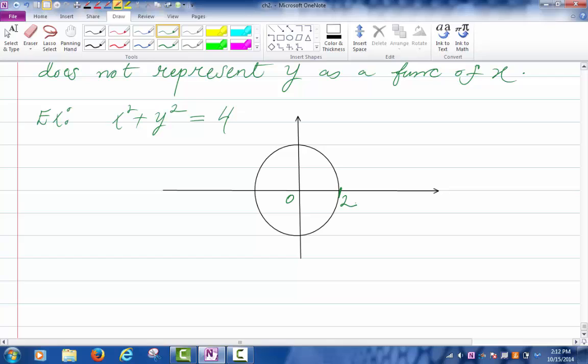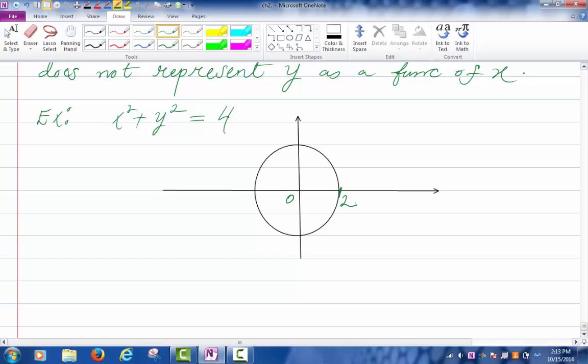So this curve does not represent y as a function of x, right?